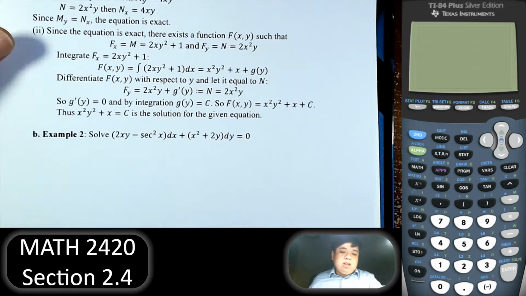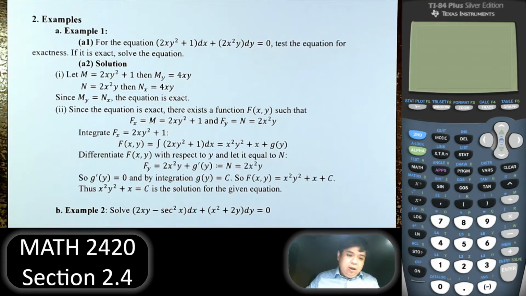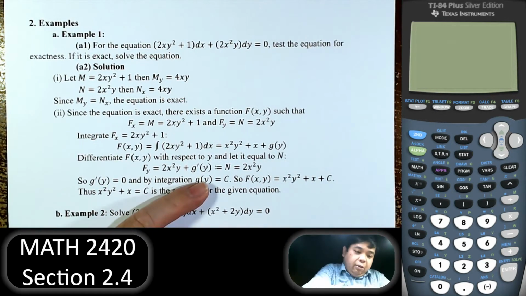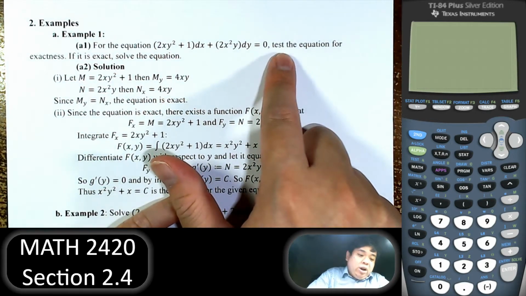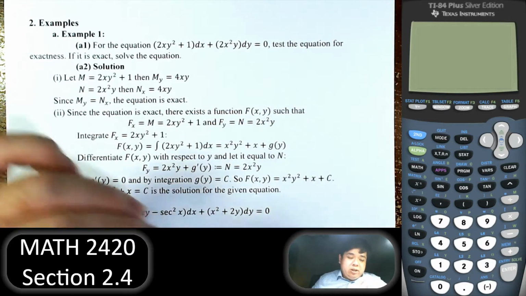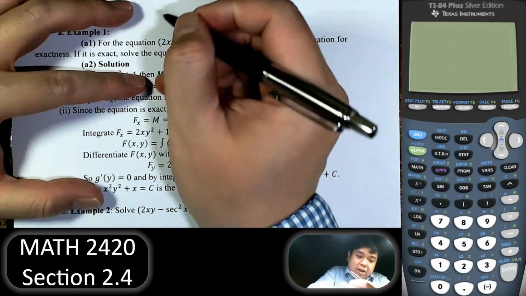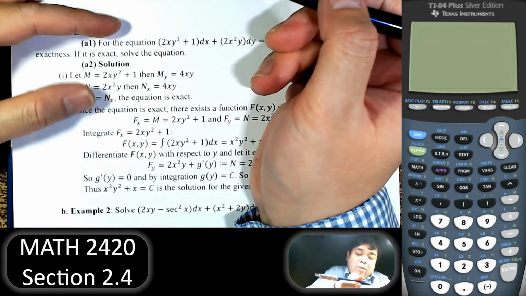Right, let's look at the first example. For this equation, test the equation for exactness to see if it is exact. If it is exact, solve the equation. When we look at the equation, first we have to know what M is and what N is.